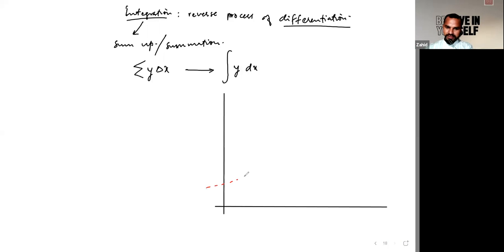Let's say if a curve is extending like this, and if I assume the first as this, this particular curve would have infinite strip corresponding or like this from one end to the other end.